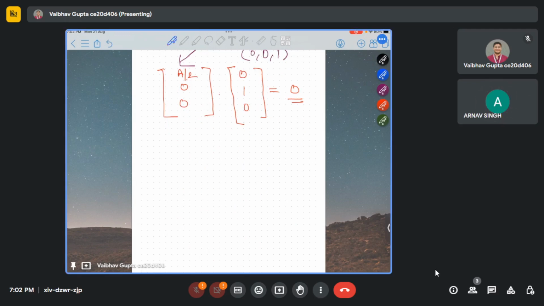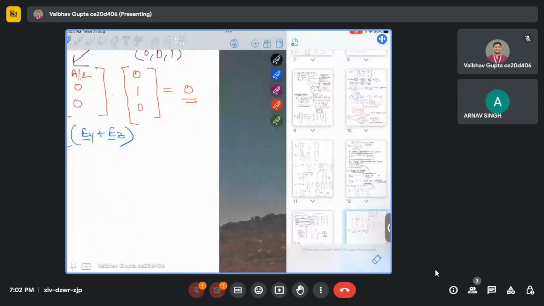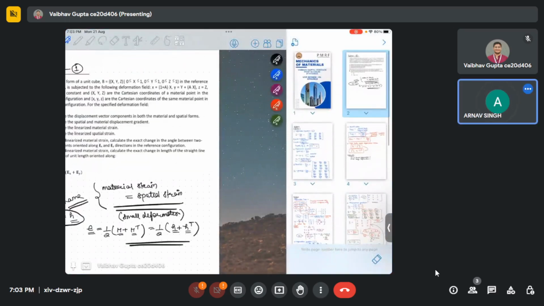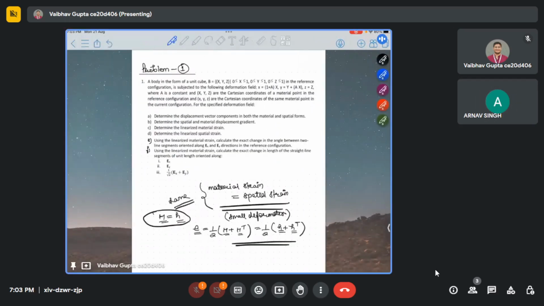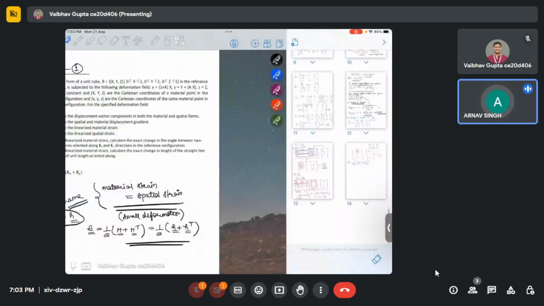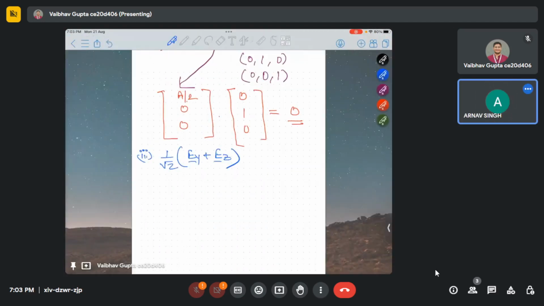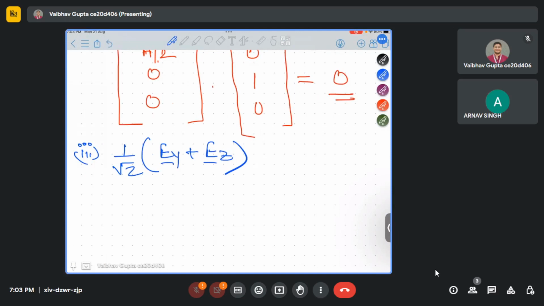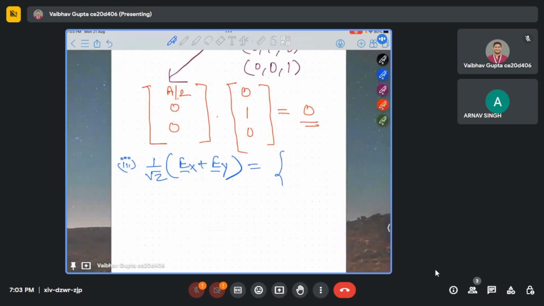Now in the third part, they said along EX and EY. Let me check the question also. Yes, EX and EY, 1 by root 2. So this will be written as 1 by root 2, 1 by root 2, 0.